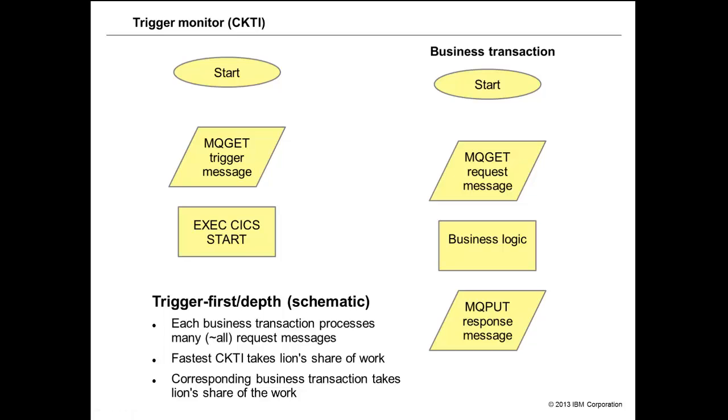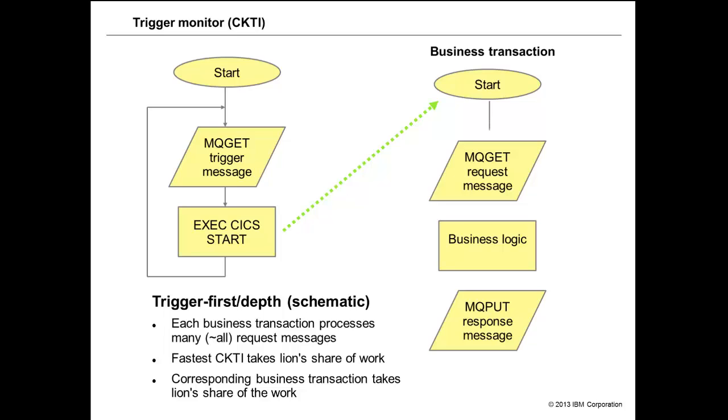Now, for a trigger first or depth, which we don't see very often, we see this type of model. We have the start of our transaction. We have the get of the trigger message. It issues the exec CICS start, but the business transaction itself runs a little bit differently.